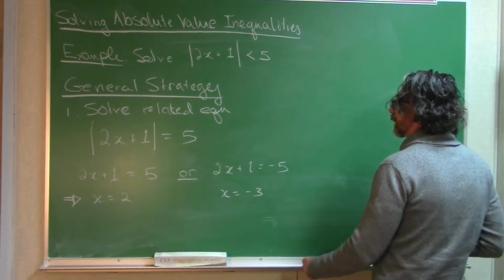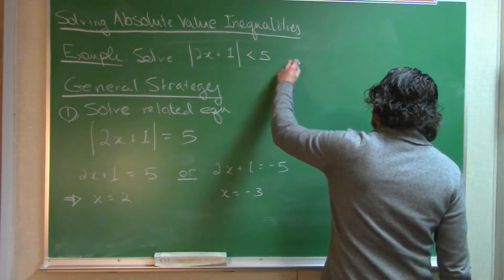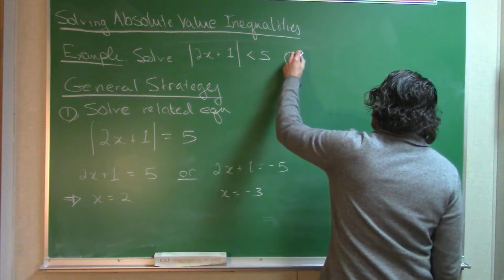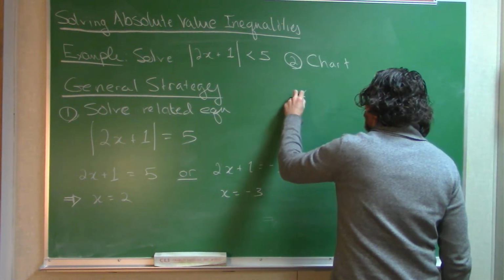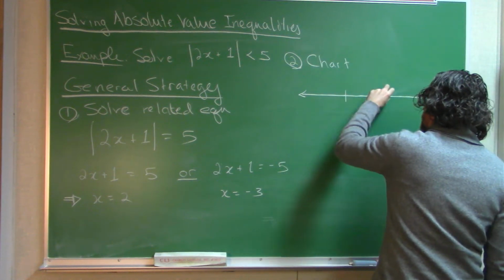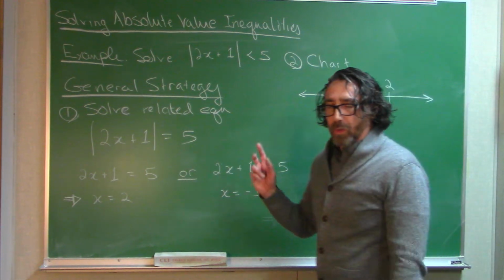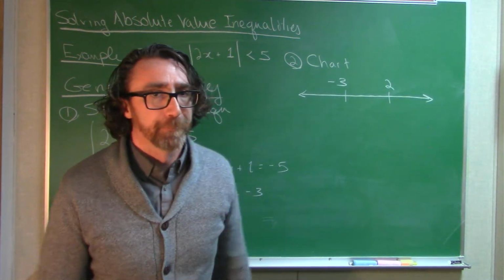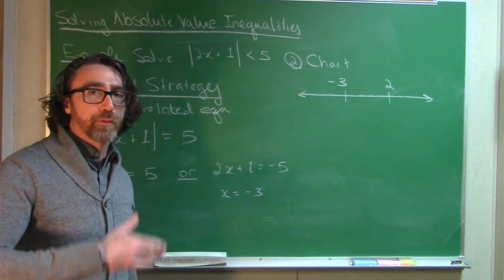Now, so that's step one, solve the related equation. I like to make this chart when I'm solving these inequalities. Okay, now this represents a number line right here. So on my number line, I plot the solutions to the related equation.